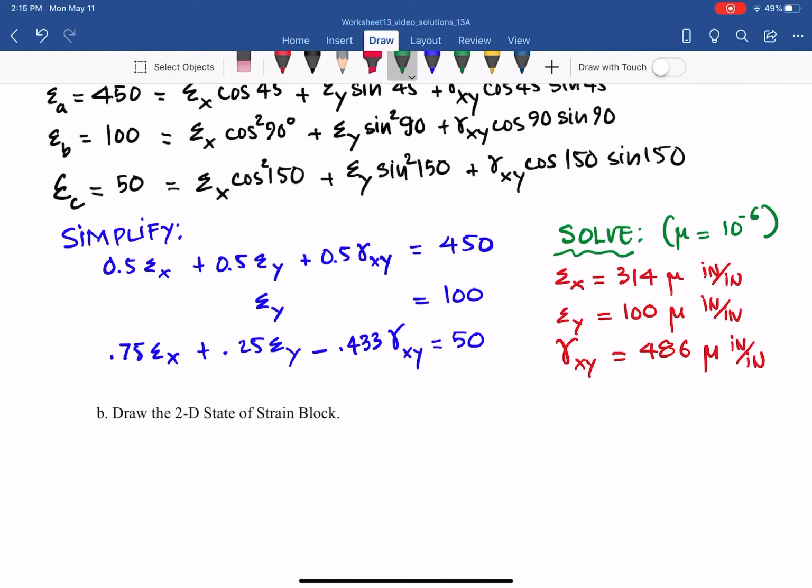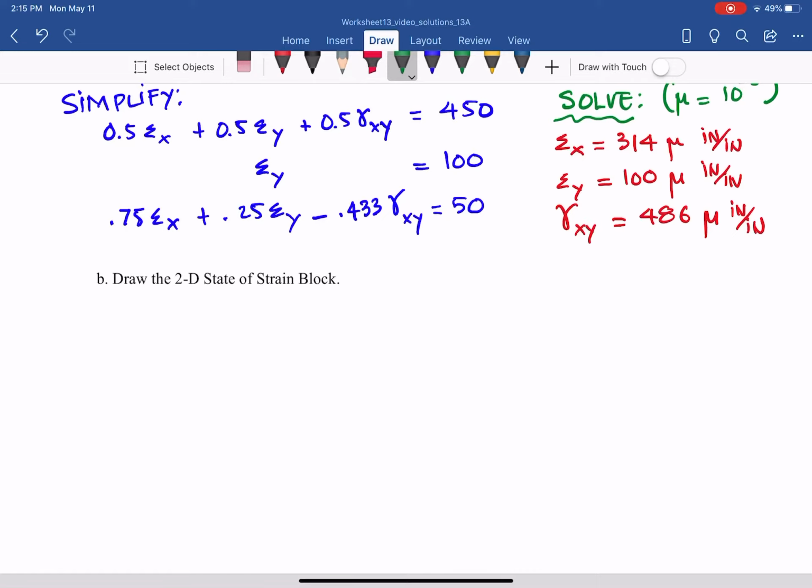Draw the 2D state of strain block. So you have epsilon x, epsilon y, and gamma xy. So you can make a square block, and epsilon x is 314 micro and positive, so it goes out.